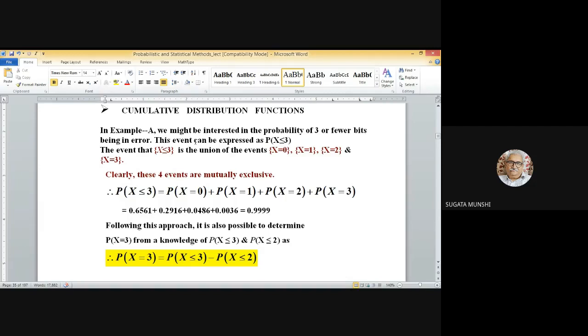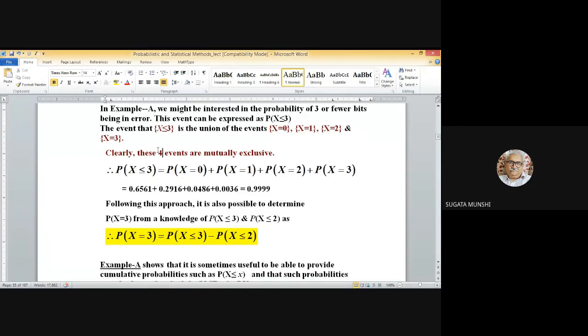If you subtract the previous one from this one, all the terms cancel out, and only the probability of x equal to 3 remains. So just write down these things.